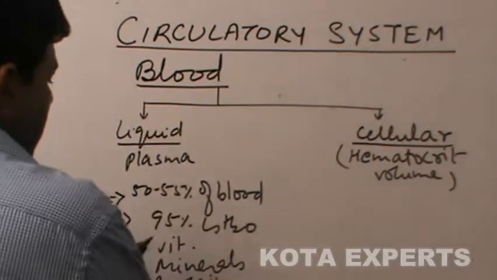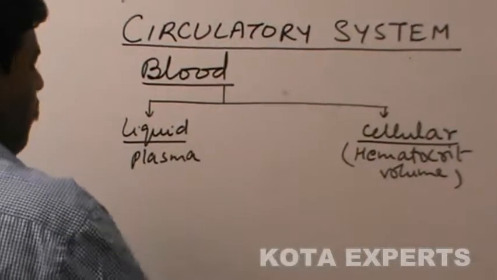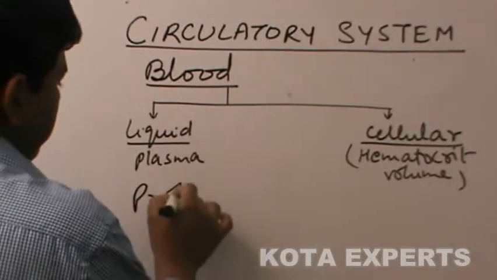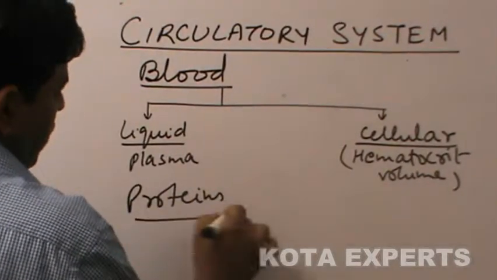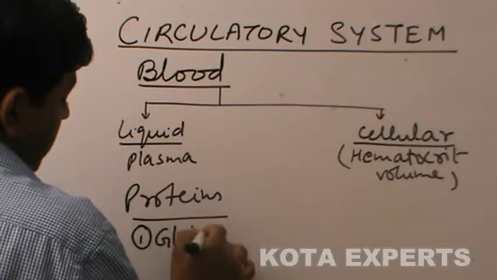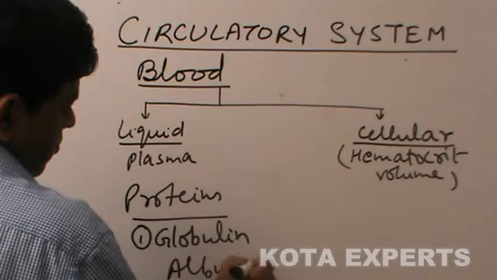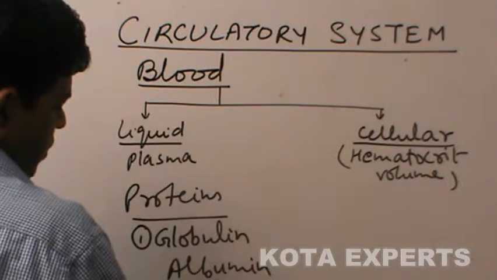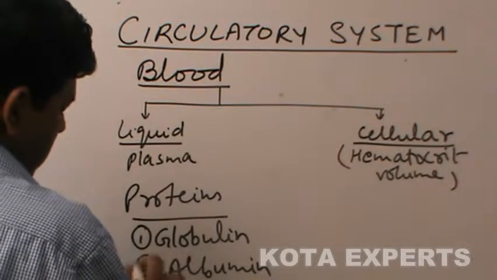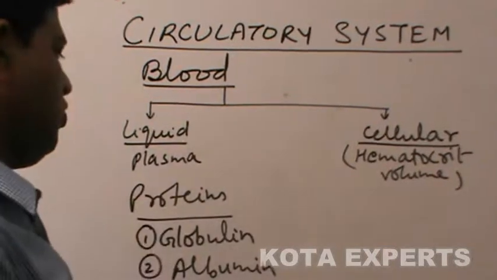Apart from all the components, there are 3 important proteins found: globulin, albumin and fibrinogen.